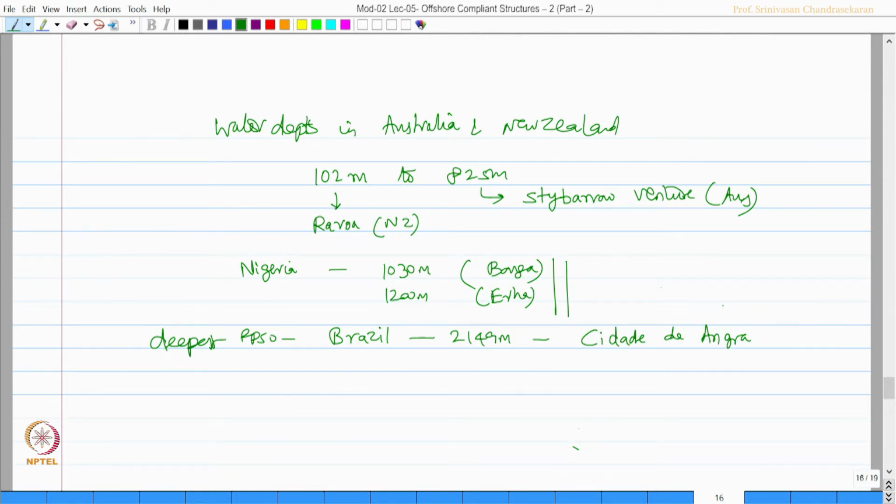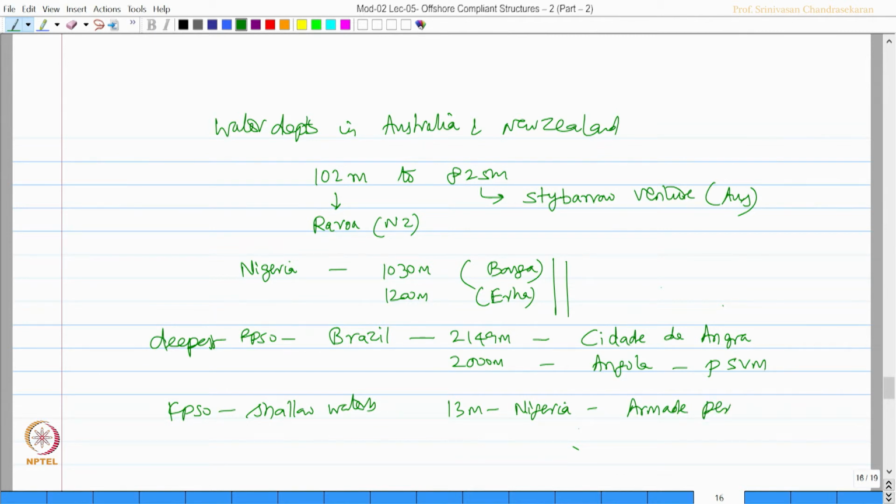Closer one is about 2000 meters in Angola, which is PSVM. Of course, you will see FPSOs are also commissioned at shallow waters. For example, just in 13 meter in Nigerian coast we have Armada Perkasa, commissioned as an FPSO in Nigeria.